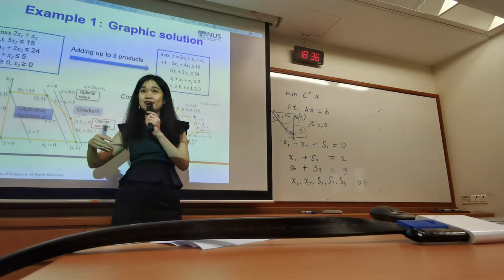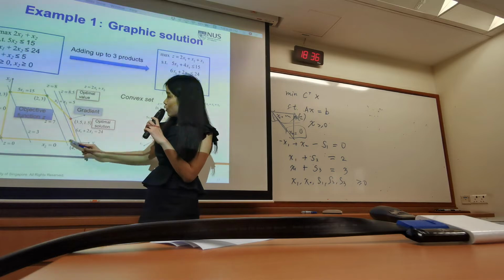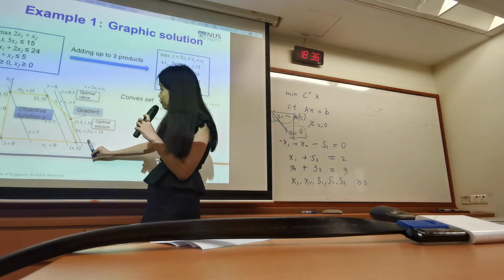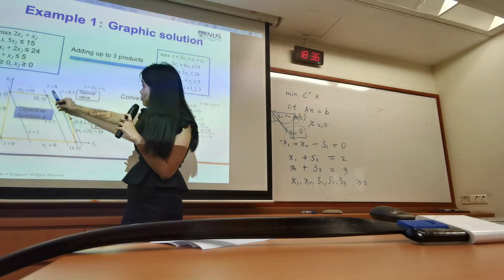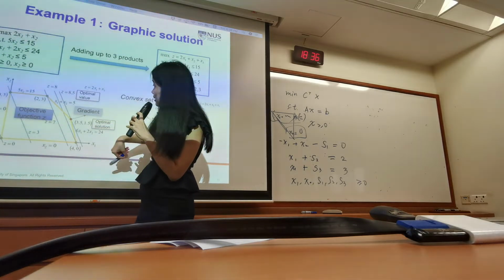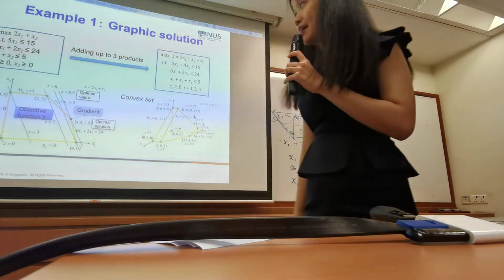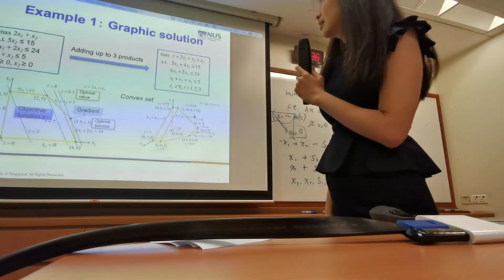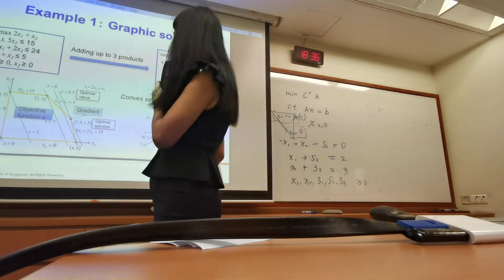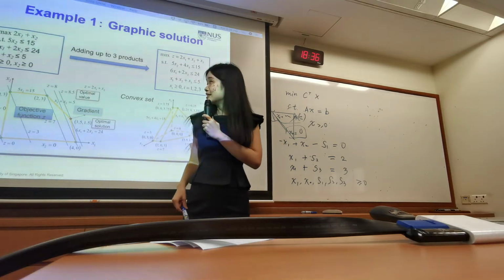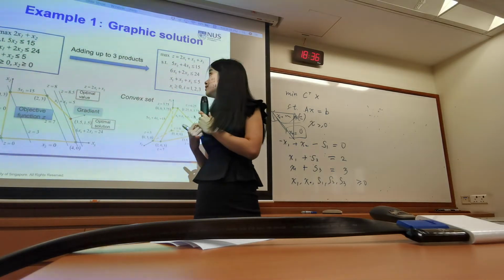You have this z calculated at each x1 and x2 on the figure, while your x1 and x2 are constrained by the three constraints and non-negative values. And you are able to get the optimal value. This is a direct visualization.